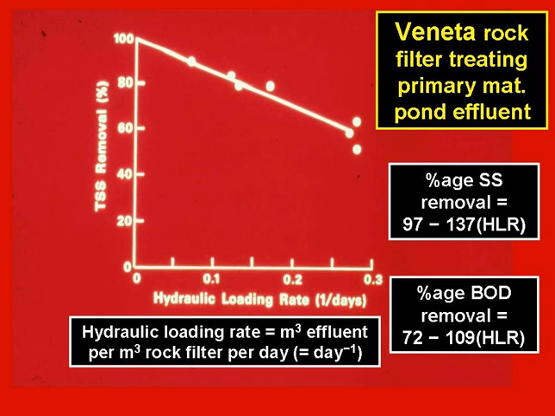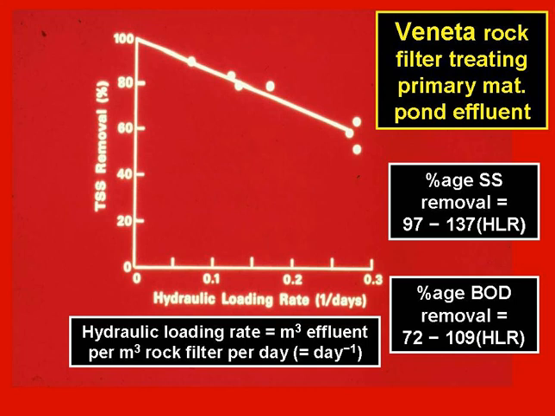But, of course, the performance of the rock filter depends on the loading applied on it. In this graph, the percentage suspended solids removal is plotted against the hydraulic loading rate, or HLR, on the rock filter. This is the volume of pond effluent in cubic metres applied to the gross rock filter volume, also in cubic metres, per day.